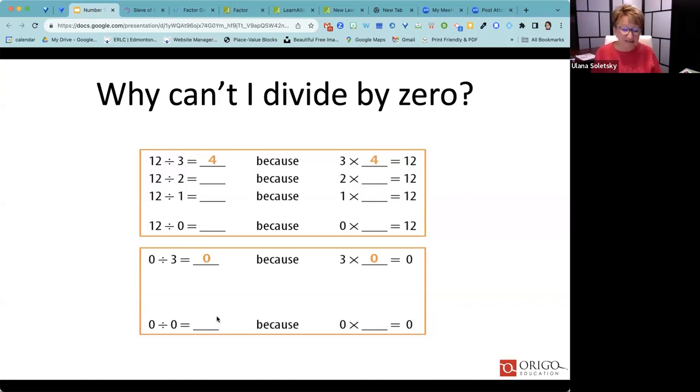And so I can say 0 divided by 154. Yeah, I can do that because I can multiply 154 by 0 and still get 0. But the big thing is, I can't divide by 0. Why? There's no number that I can multiply by 0 to get that number. Correct?